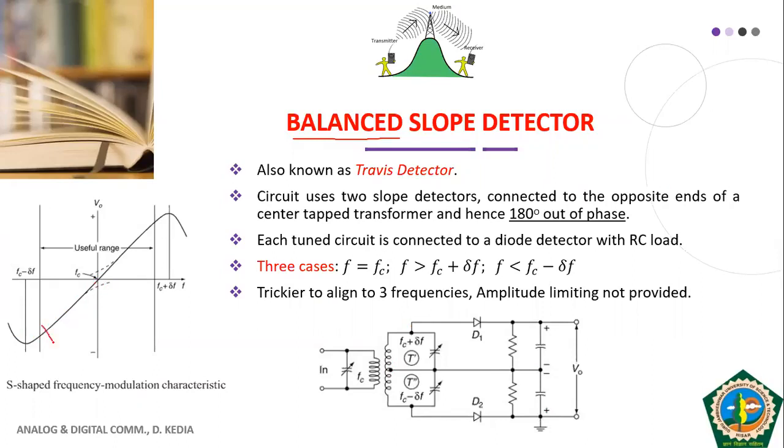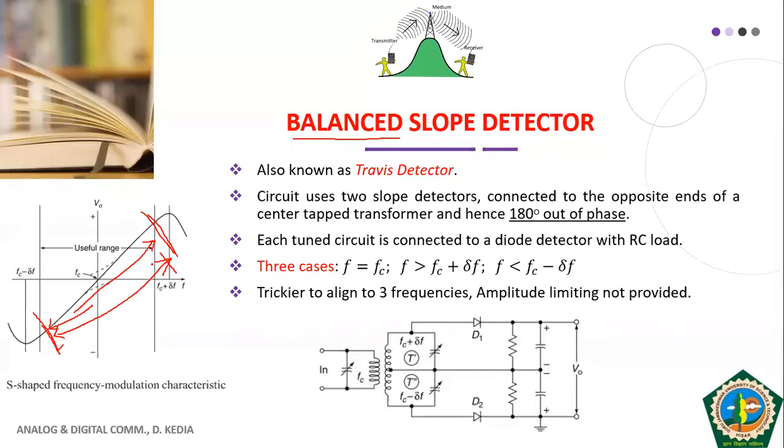Now, you see, the range of linearity has become almost double that of your original basic slope detector. And if you adjust the curves like this, you can again see that the straight line portion between these two resonant curves has also increased.